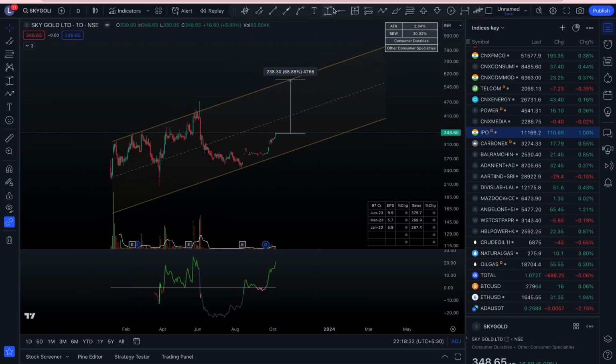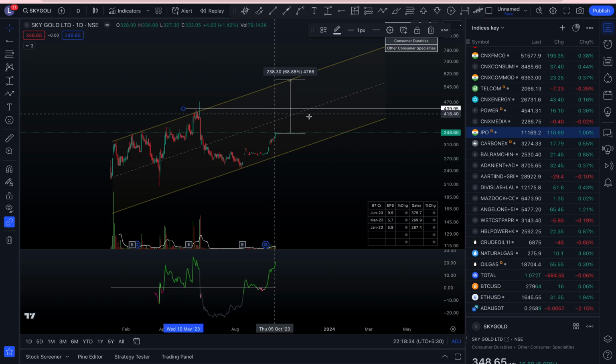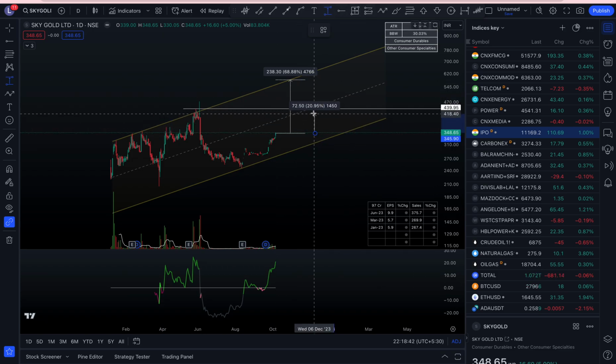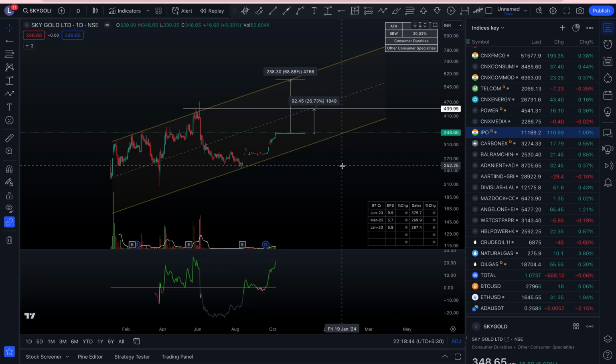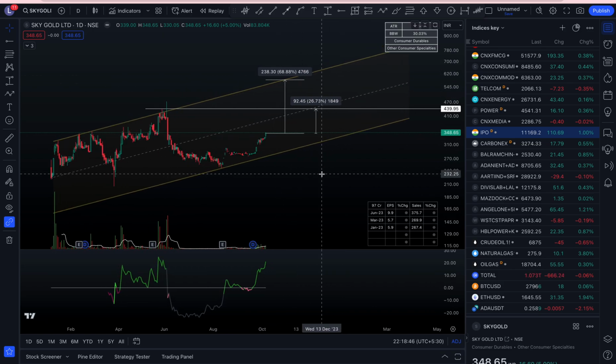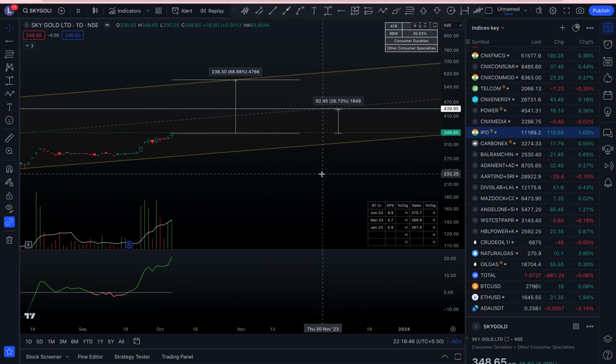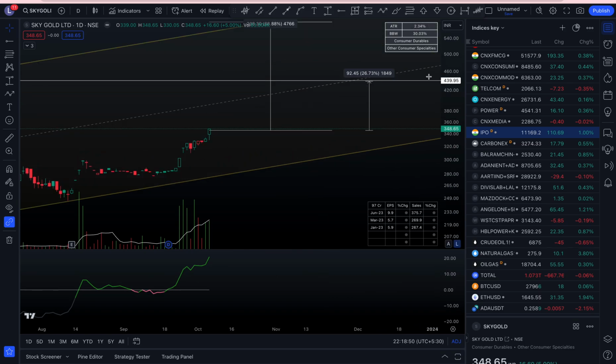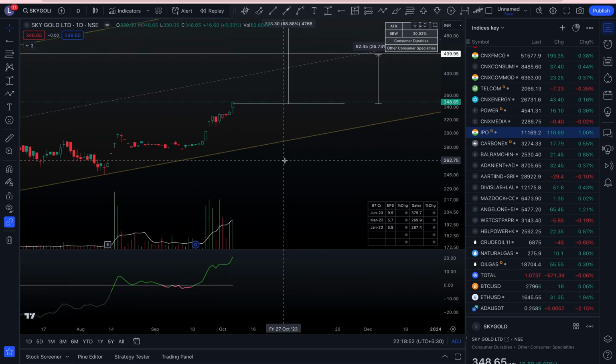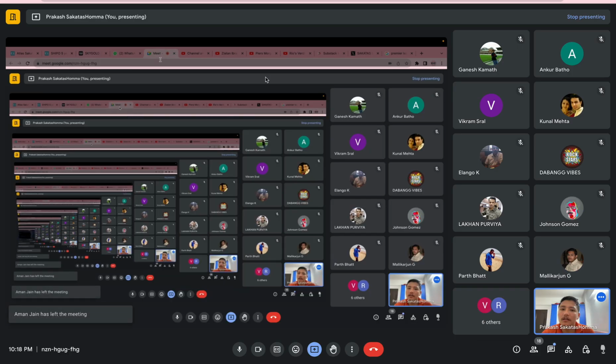A breakout above this would be the place, so we can probably have some resistance here, and even then we will have like 20-25% of space. And volumes in recent times also look good, but yeah, might not be so liquid for some of you guys.